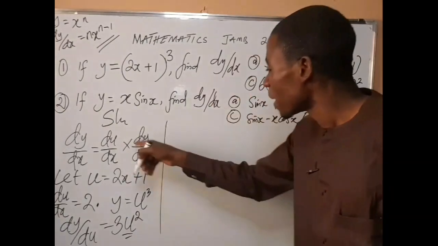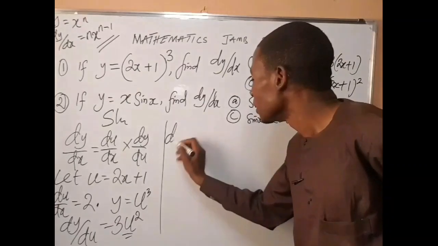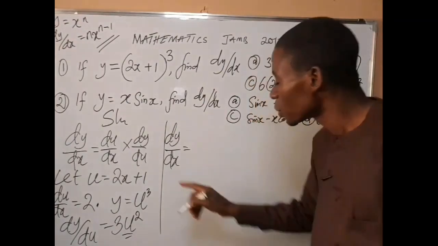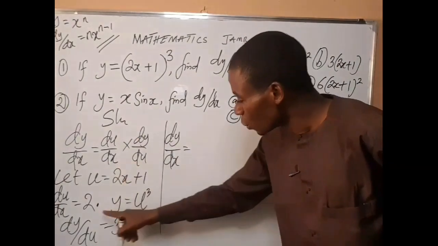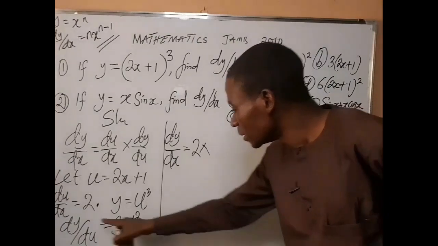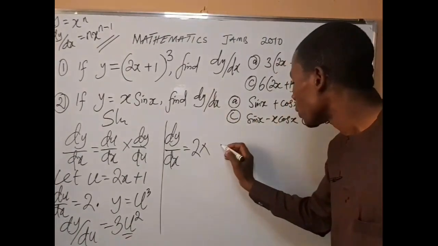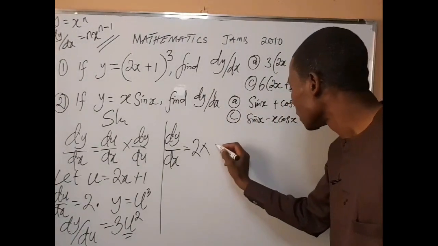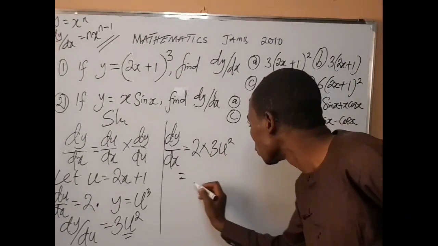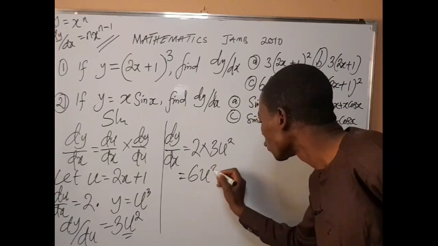So from there, we'll now apply the formula straight. dy/dx will now be equal to du/dx, we have it as 2, then times dy/du, we have it as 3u raised to power 2. When you multiply this, you're going to have 6u squared.